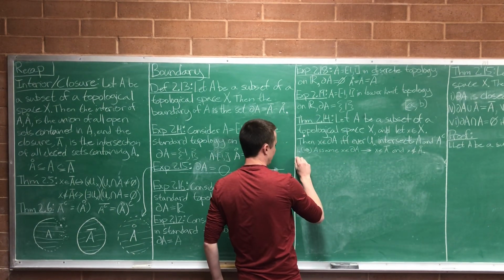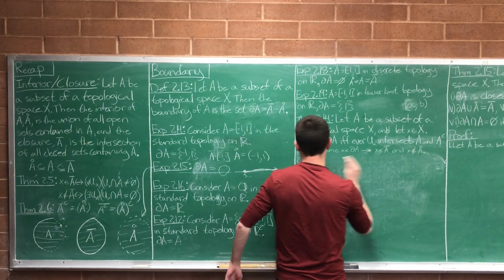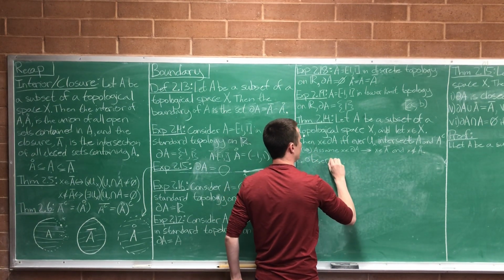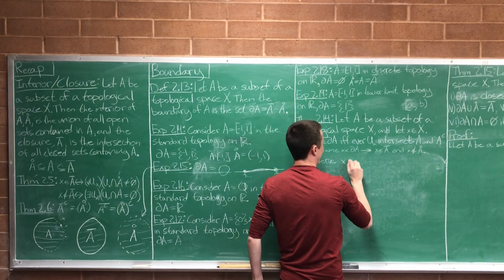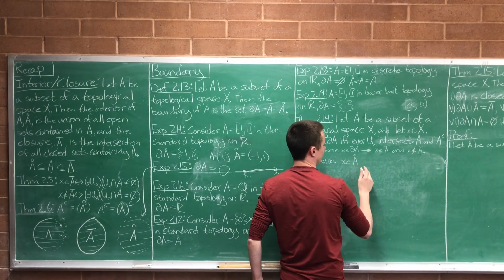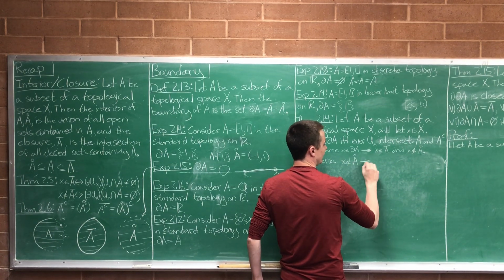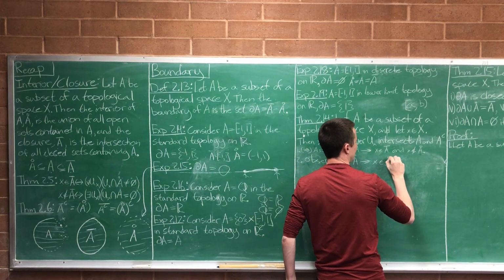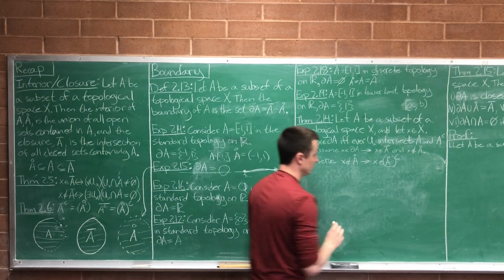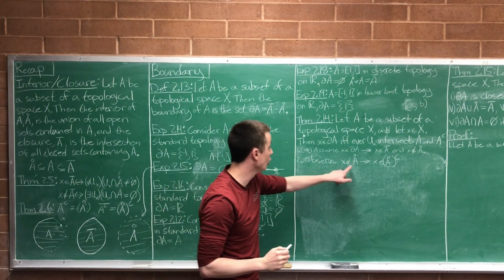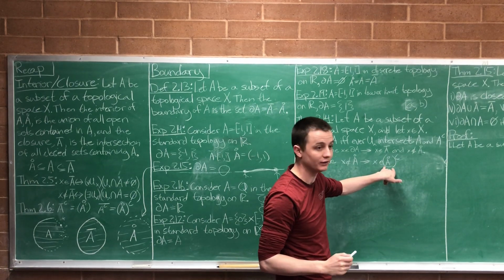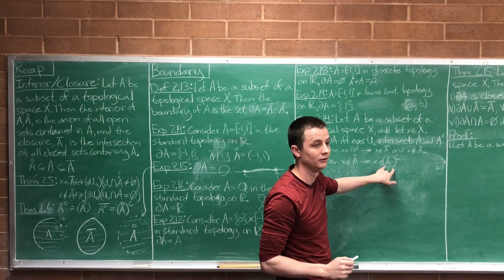Maybe we'll do a separate thing expanding on this. Observe: X not in the interior of A is the same thing as X is in A's interior's complement, right? X not in the interior of A is the same thing as X is in the set of everything that's not the interior of A. Okay.